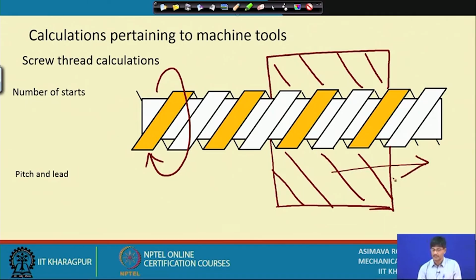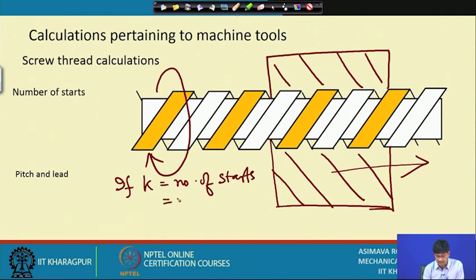translational motion. Now, for single start threads, if k equals the number of such helices, separate helices, called the number of starts, equal to 1, in that case the movement of this nut past the screw, if it is not allowed to rotate with the screw and if the screw is not allowed to translate, is pitch into RPM.